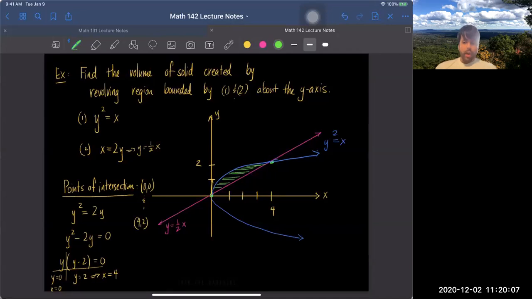But what do I want to do? I want to revolve around the y-axis. So then I'm going to get something like this. Let me use the same colors here.